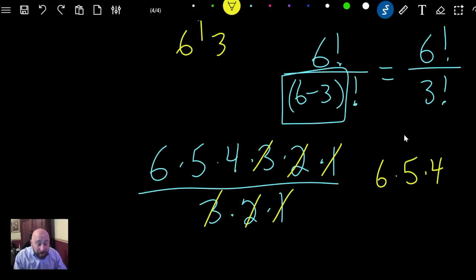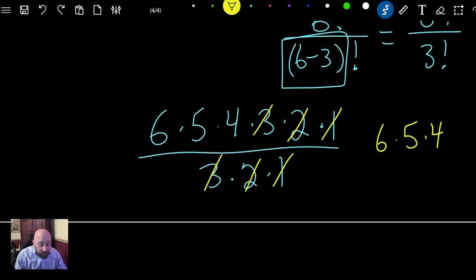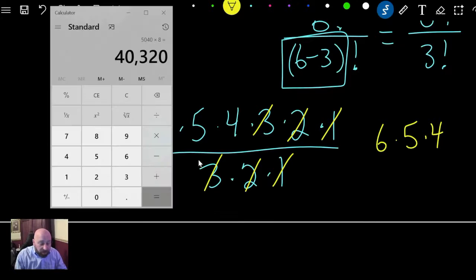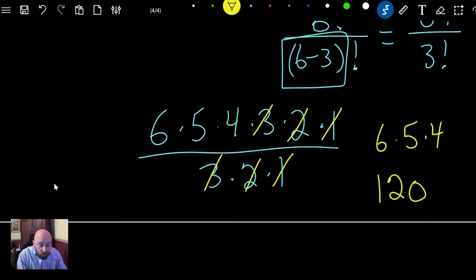This will be our answer. So we can go to our calculator and then just solve that. So you come over here, clear this out, and you do 6 times 5 times 4, and that's going to equal 120. There are 120 different ways that those 6 people could finish in first, second, third place.